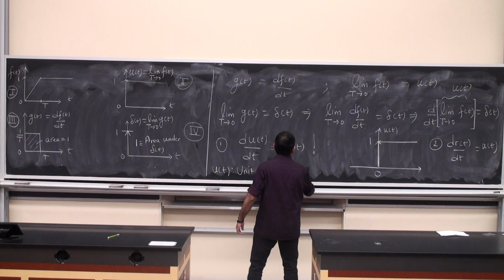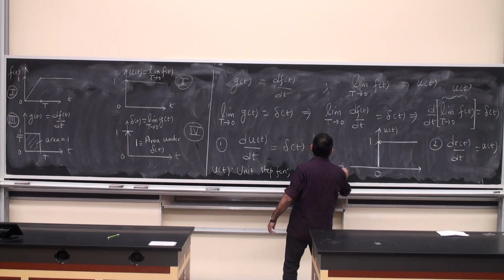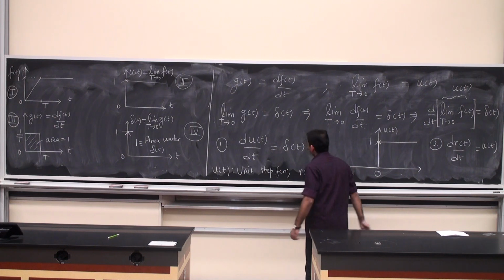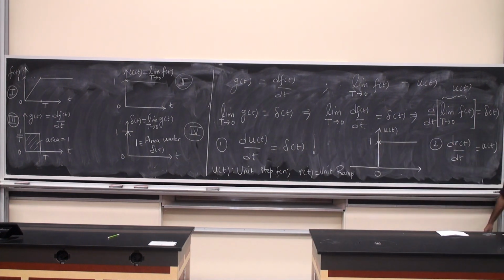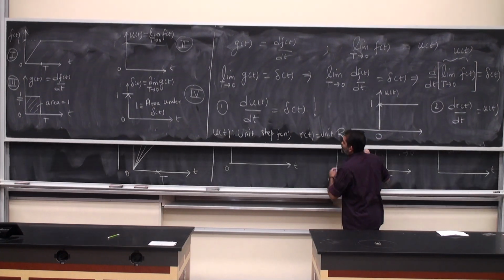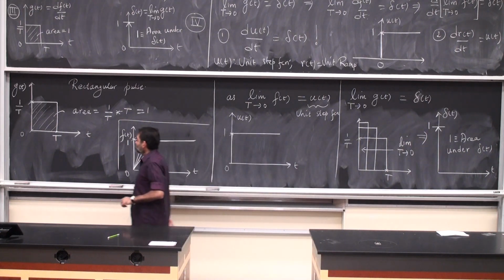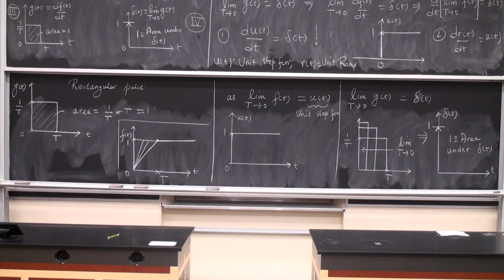And r of t is the unit ramp function. FCN is my shorthand for function. And of course, this is the point that we want to make.